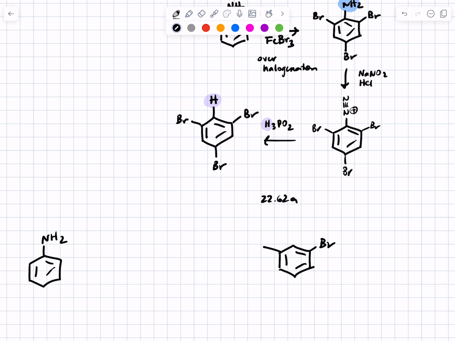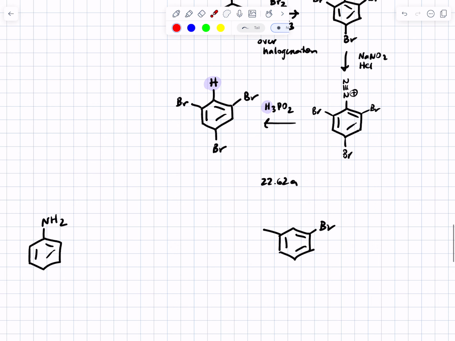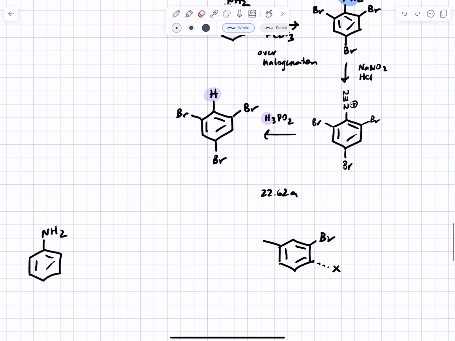Okay, so the idea is, I see that the bromo and the methyl are meta to each other. I have this idea that I need a stronger directing group, perhaps one that could, if we put it here, in other words, I can imagine that if I had a stronger directing group there, the bromo and the methyl would have been ortho and para to that directing group, and then I can remove it, okay?